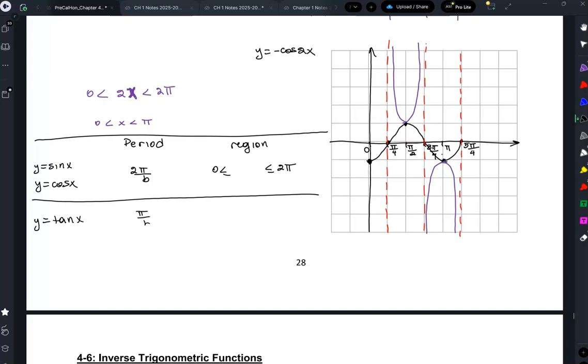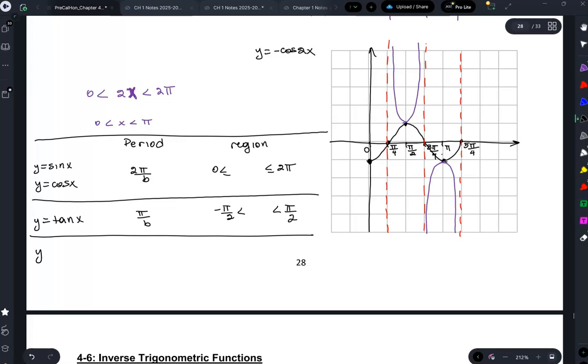The period is pi over b, and I go from negative pi over 2 to pi over 2. Then I have cotangent, pi over b, and it goes from 0 to pi. All right? Memorize that.